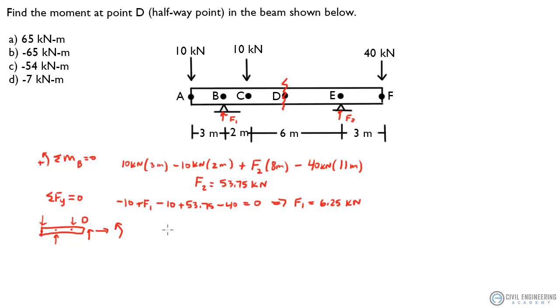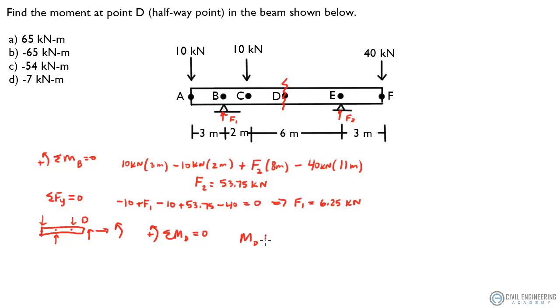Alright, so how are we going to solve this? We're going to take the sum of the moments about point D, again going counterclockwise as positive, and set that equal to 0. What do you get? You have a moment at D, and we drew that in, so you have to account for that.